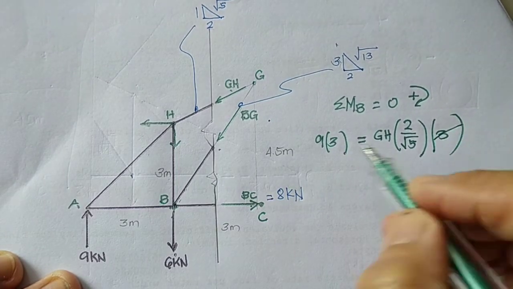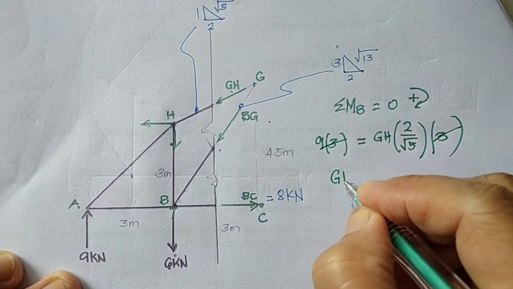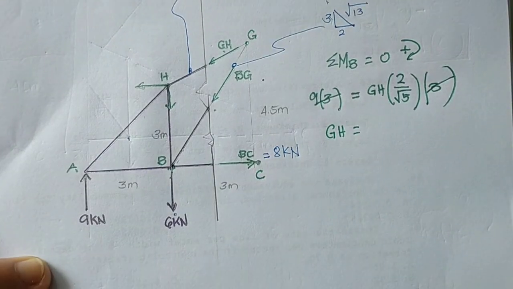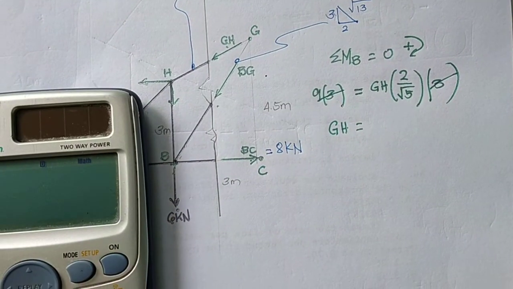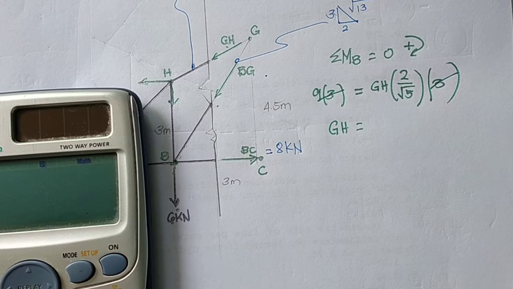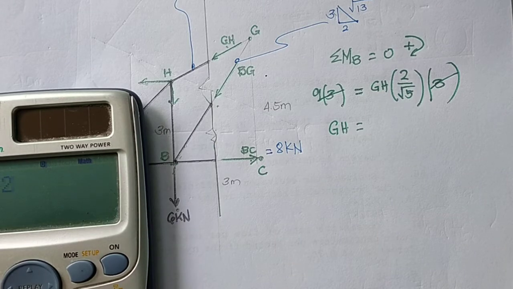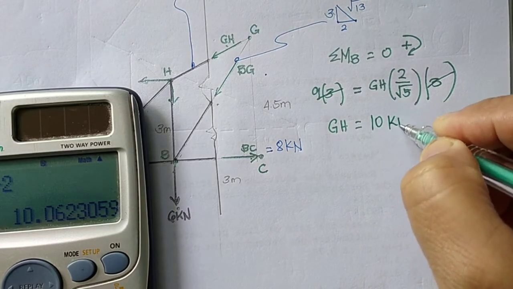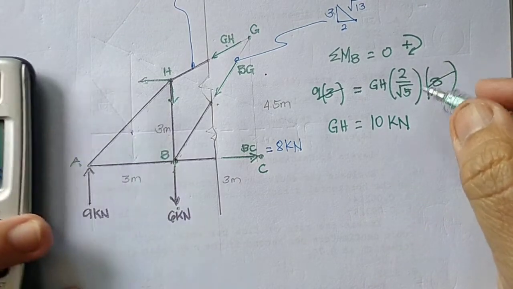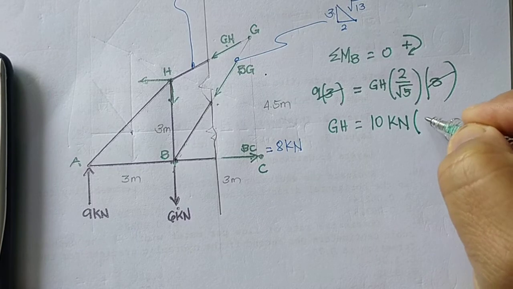So GH will be equivalent to 9 multiplied by square root of 5 over 2. This is 10 kilonewton. So we get the positive result. This is compression.